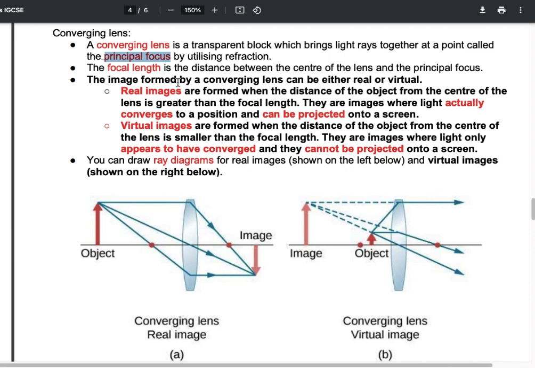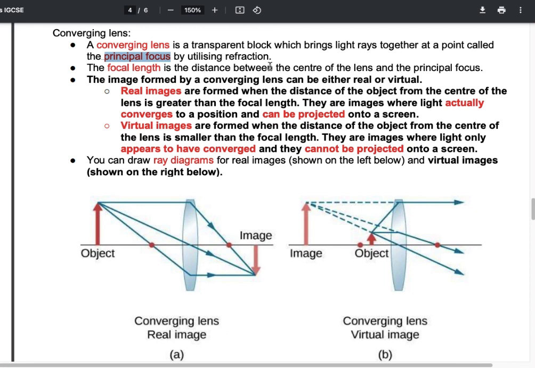A lens does all of this by using the principle of refraction, the bending of light when it changes medium. Light coming through the air, when it reaches the piece of glass called the lens, is going to bend. That bending is called refraction.